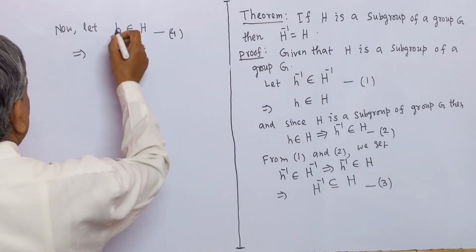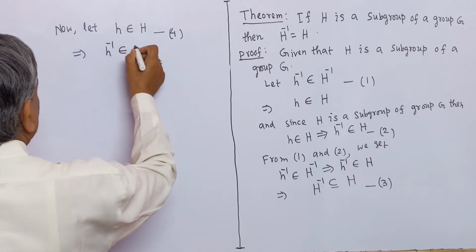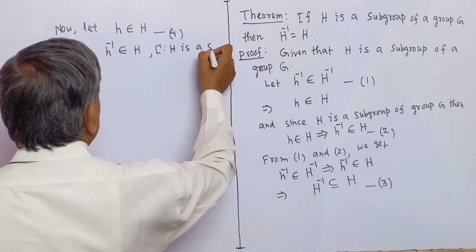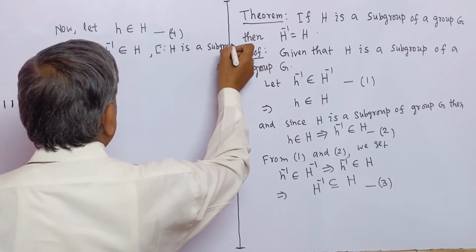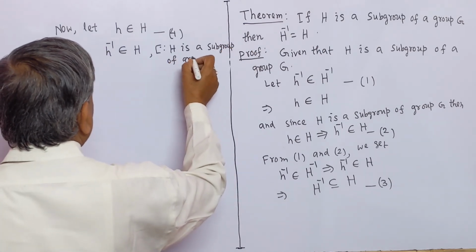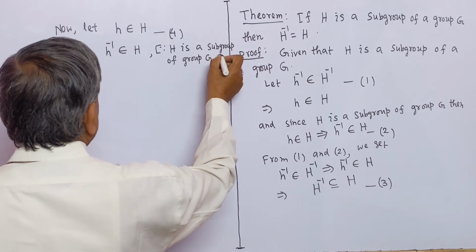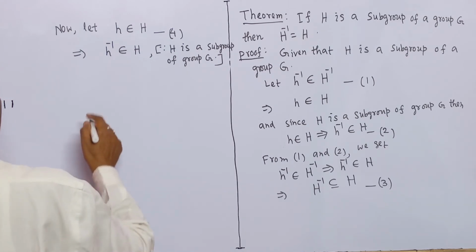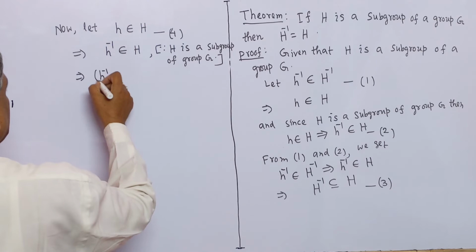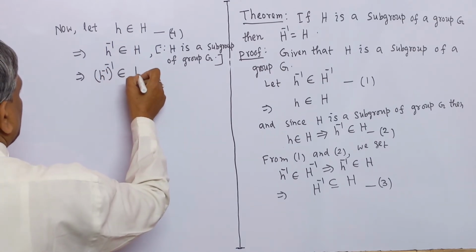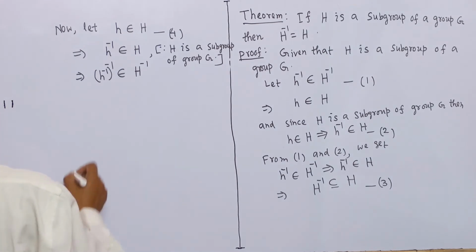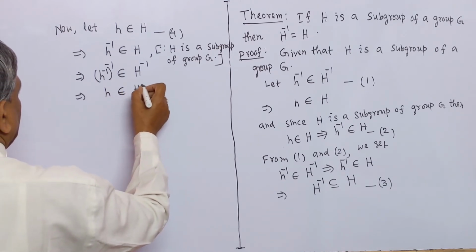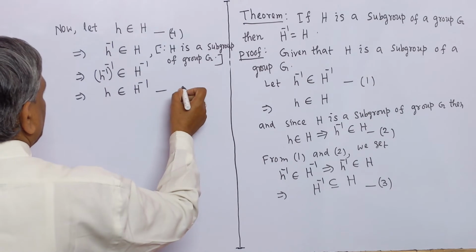It implies that h inverse belongs to H, since H is a subgroup of group G, hence the inverse exists in capital H. This implies that h inverse whole inverse belongs to H inverse, and h inverse whole inverse means h belongs to H inverse. This is number 5.